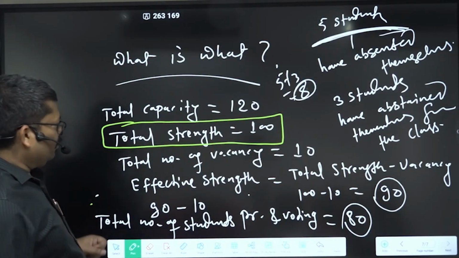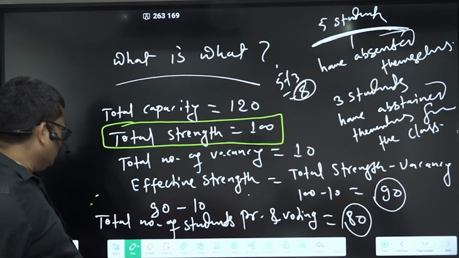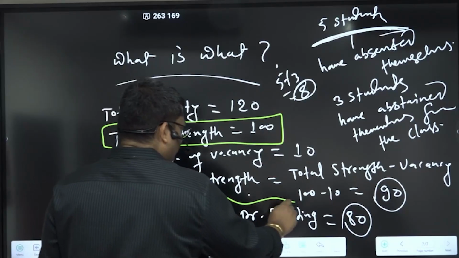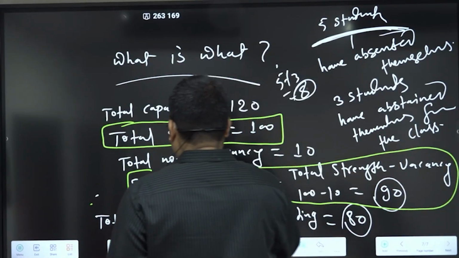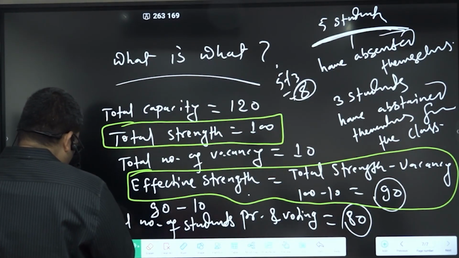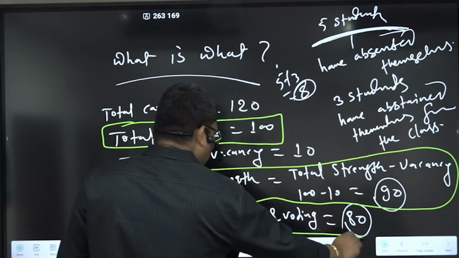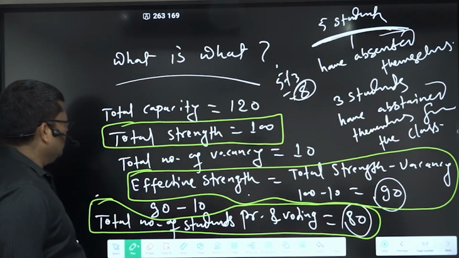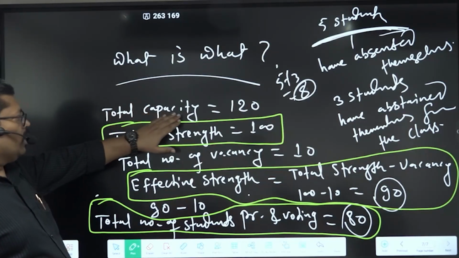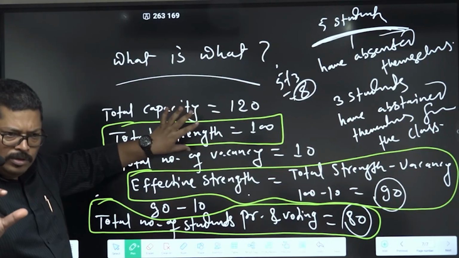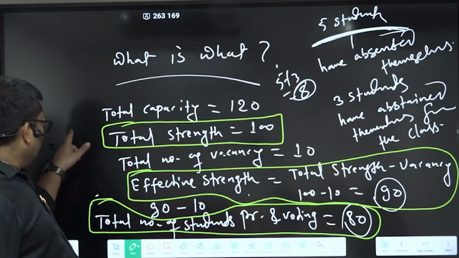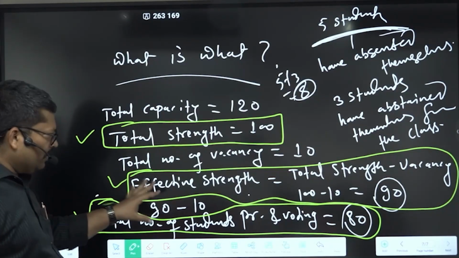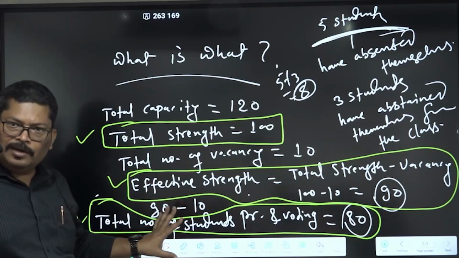While finding out some other kind of majority, the figure of effective strength is also used. While finding out majority, the total number of students present and voting is also used. So, total capacity is never used in finding out majority. You need to remember only three figures: total strength, effective strength, and present and voting.